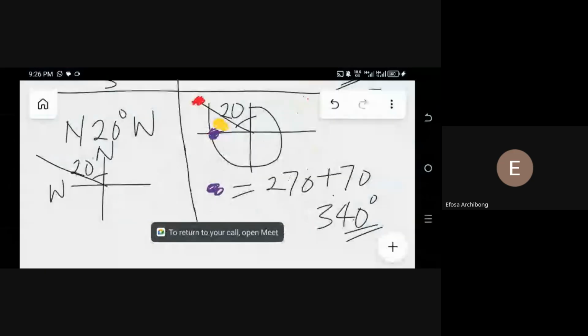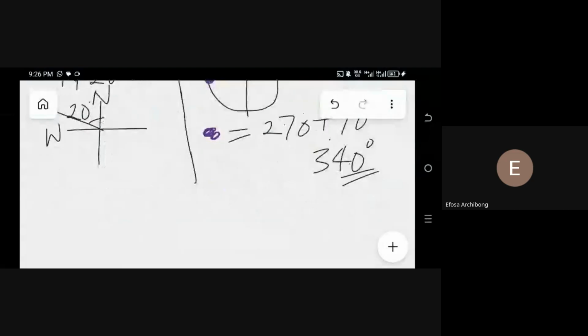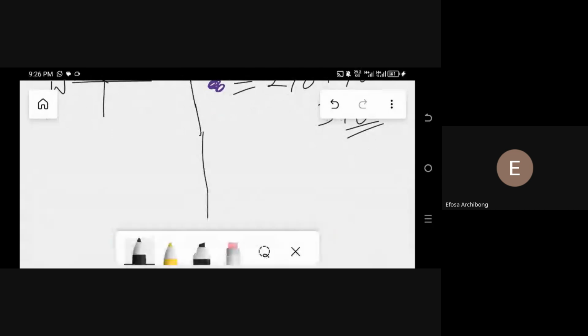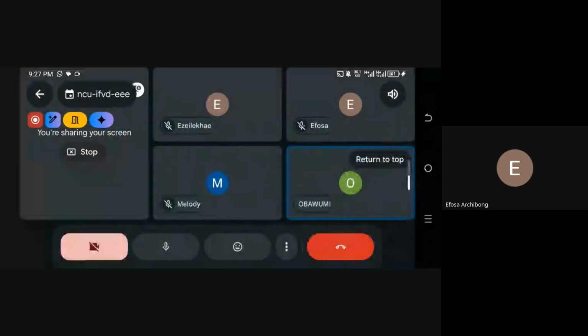Okay, so there's no response, so I would not know what to do there because the person has refused to respond. So, what about converting a three-digit bearing? It's me. What's your name? Winner? Is it Winner? Winner, you do not understand.